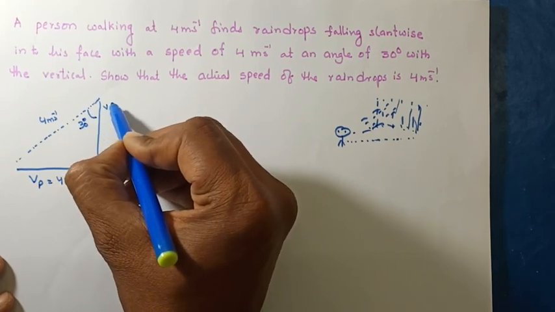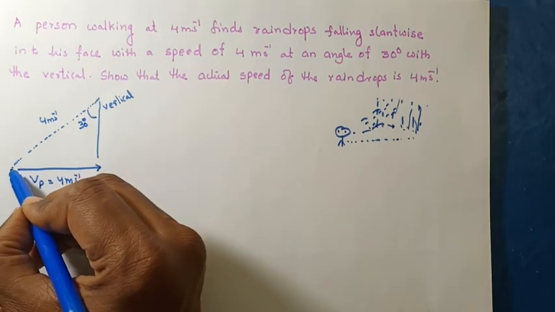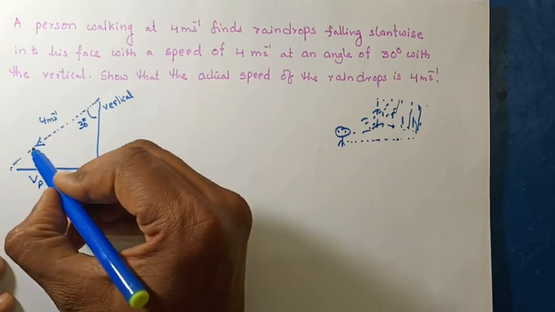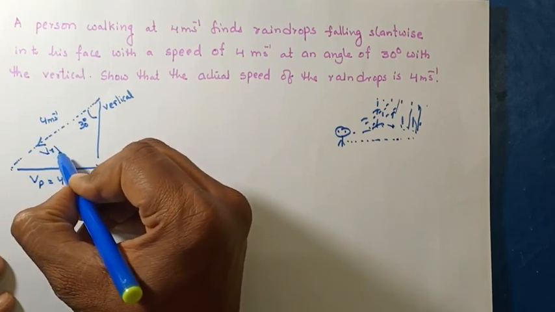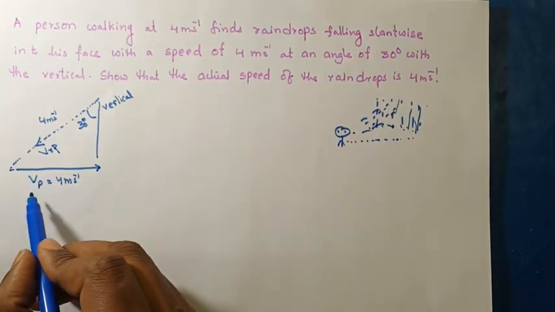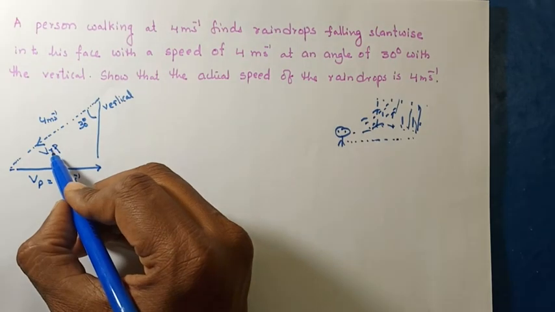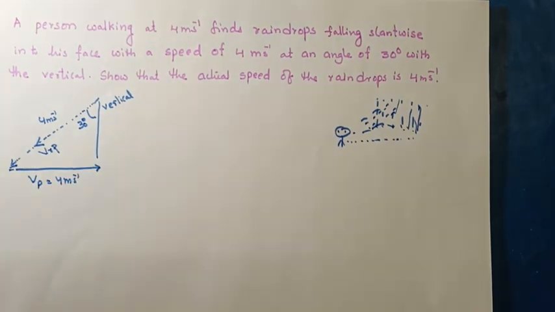This is the vertical. So this is the velocity of the rain with respect to person. This is velocity of the person and velocity of the rain with respect to person. This is a simple scenario.